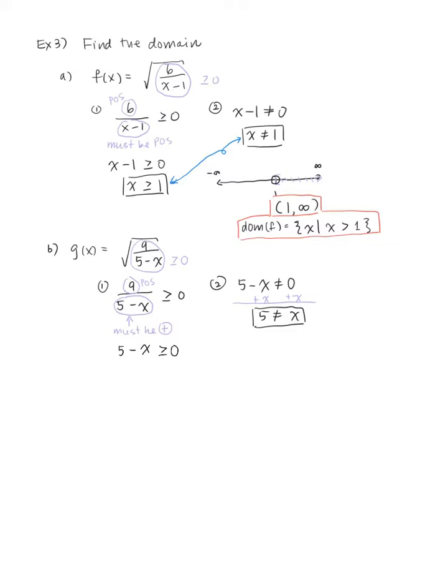All right, so then let me just add x. Then here you're going to have 5 is greater or equal to x. Let me just rewrite it so that x, the variable, is on the left.